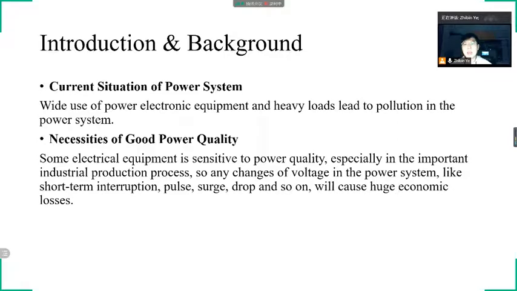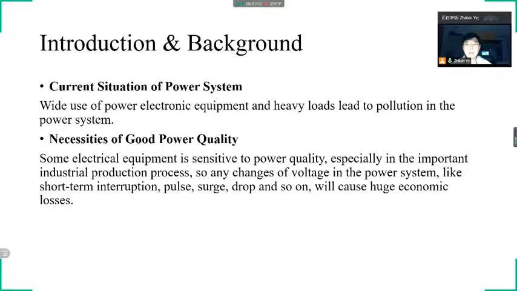Here is the introduction and the background part. After doing some researches, we found that wide use of the power electronic equipment and heavy loads lead to pollution in the power system. So there are great necessities of good power quality.